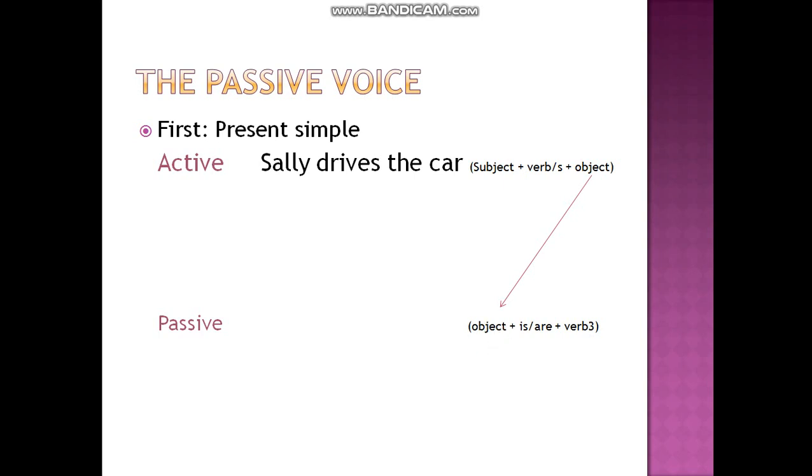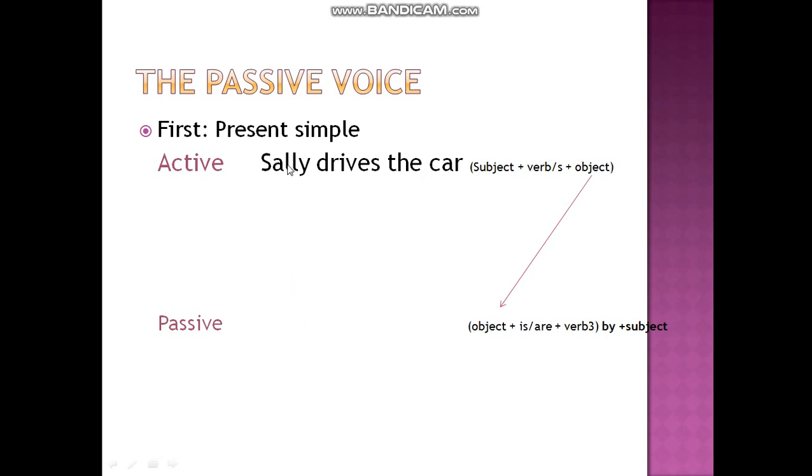I'm gonna use is. If my object is plural, I'm gonna use are. Plus by plus subject. This is optional. Why? Because we said we don't care who did the thing, but it might be necessary in a couple of cases. But as far as we're concerned, it's optional.